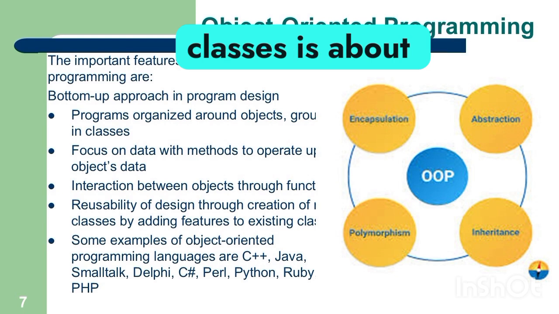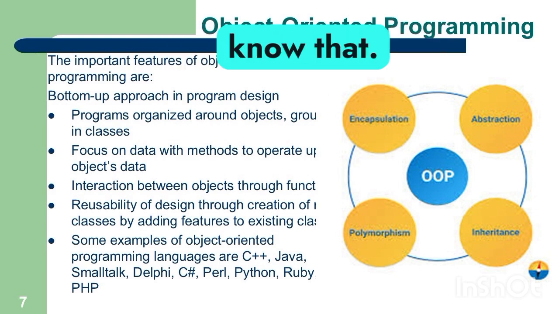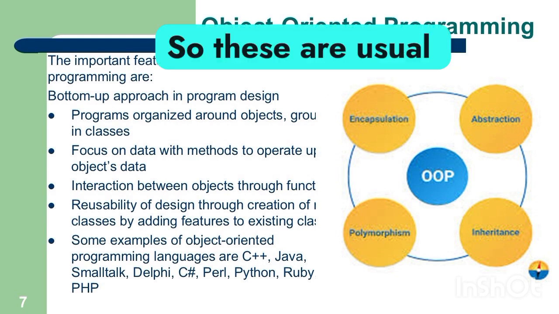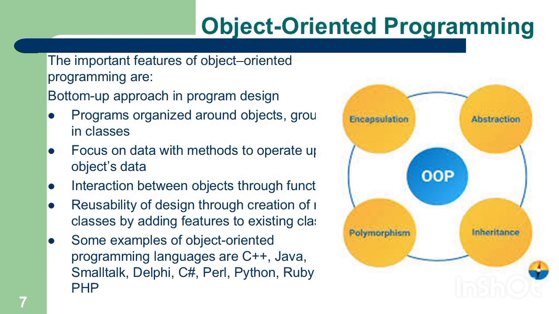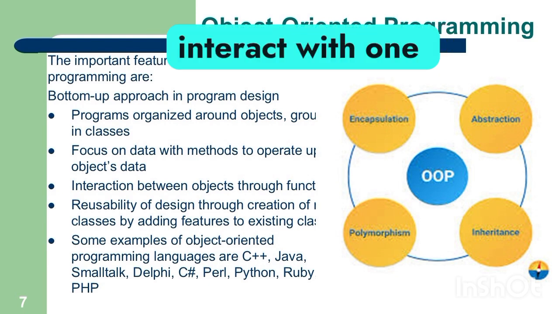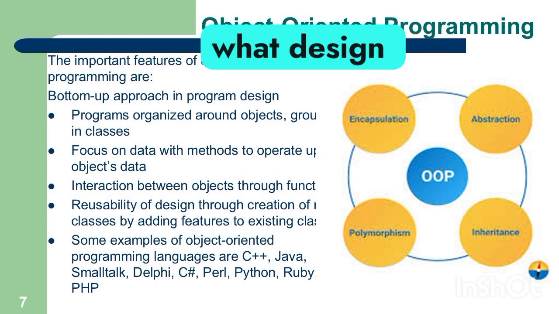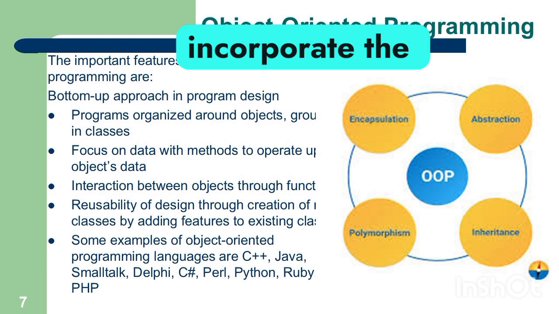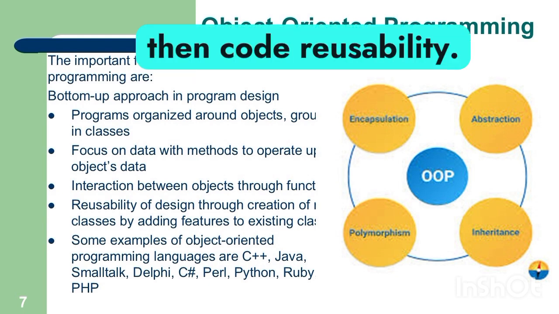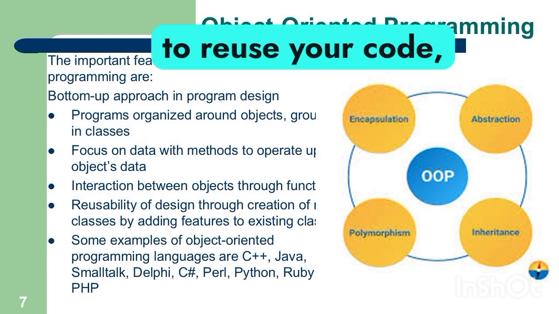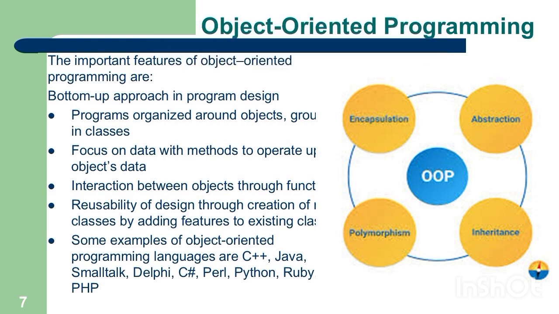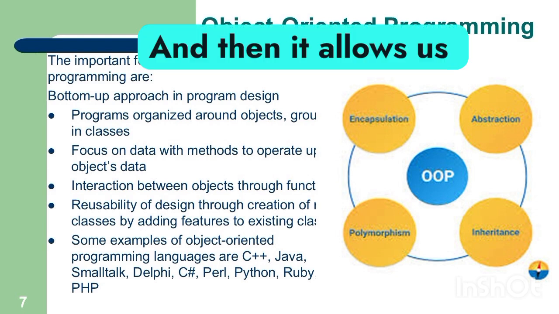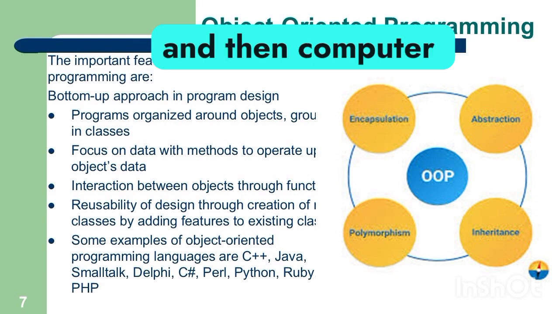So everything about classes is about objects. We already know that. These instances of classes are used to interact with one another, in order to design applications and computer programs. The aim is to incorporate the advantage of modularity and code reusability. If you cannot reuse your code, it means that your code is useless. And then it allows us to design applications and computer programs.